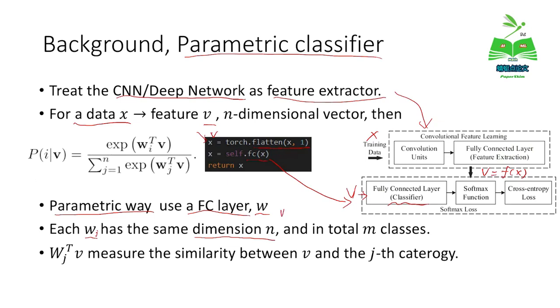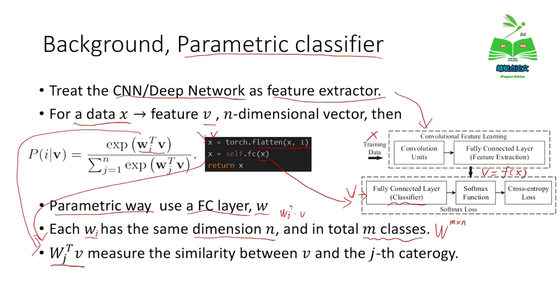So then we can compute this one. It needs to have the same dimension, and in total, the W should have m classes. So it's an m times n matrix, and this operation is based on this Wj, the inner product.